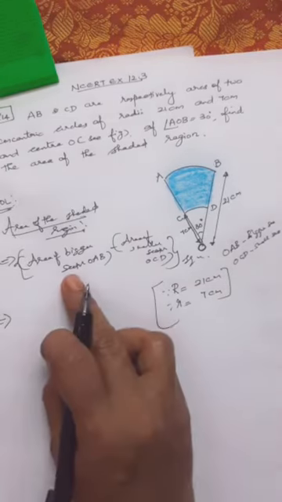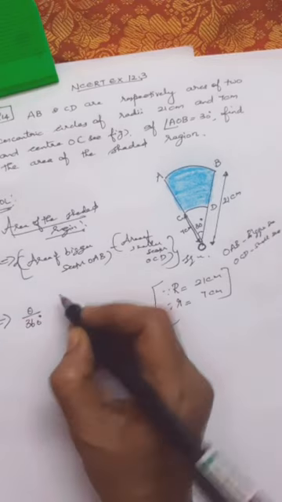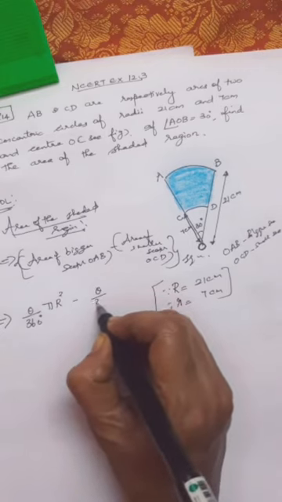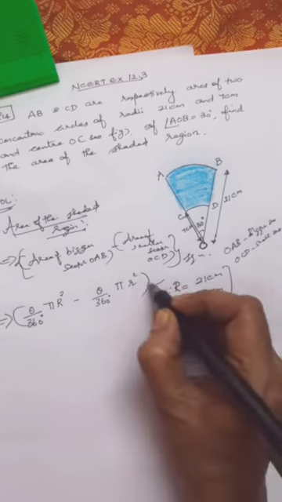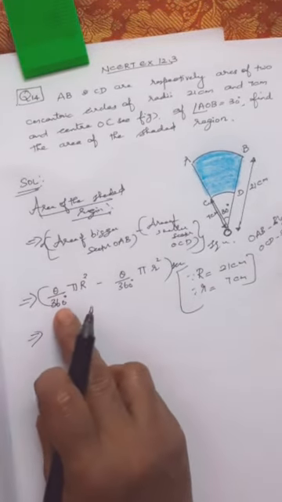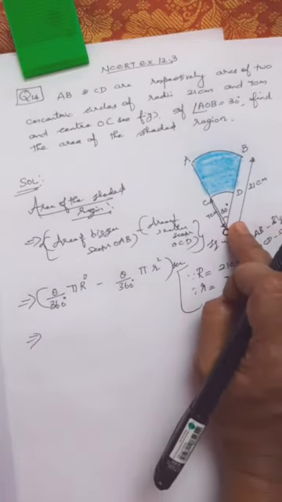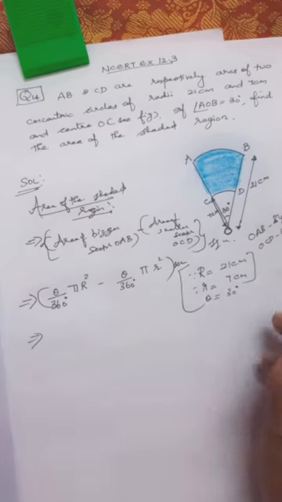What is the area of the sector formula? Theta by 360 degree pi capital R squared minus theta by 360 degree pi small r squared square units. So let us simplify the formula. Here, these are sectors taken from concentric circles, so the central angle is the same, theta is 30 degree.